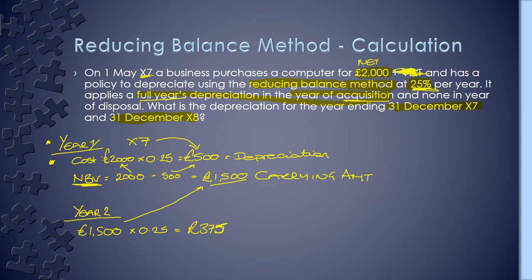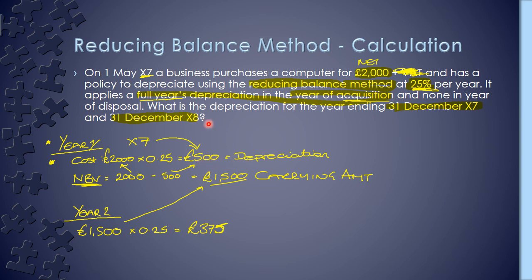Now this is really important because in the previous example, when we were using the straight line method, we were doing the same calculation because it was over 4 years, and we were coming out at a £500 depreciation. But that stayed the same for year 2, year 3 and year 4.